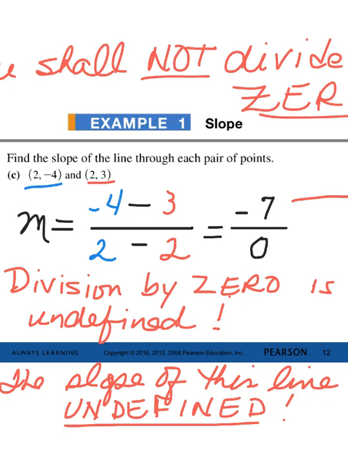And when I draw that line, I see that that line does not slant. It is straight up and down. It is a vertical line. And because it's a vertical line, we say it has undefined slope. So please keep that in mind.